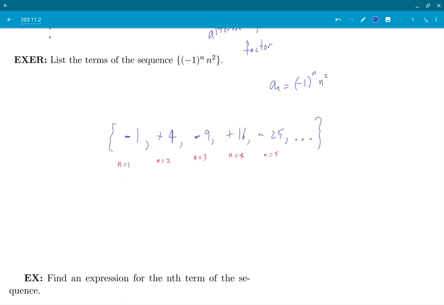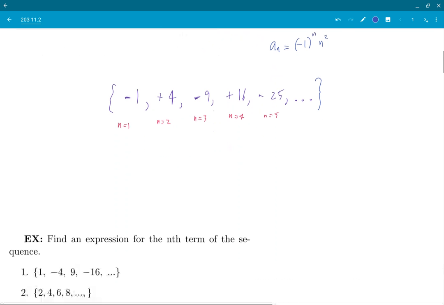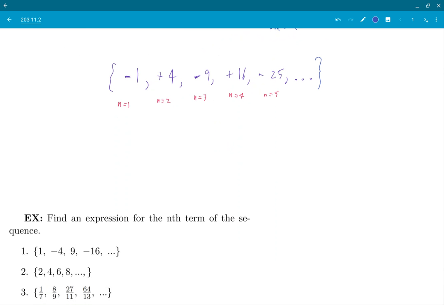In my next example, I'm going to go backwards. So pause and copy. In this one, I'm going to be given a sequence, and I'm going to try to find an expression for a_n.